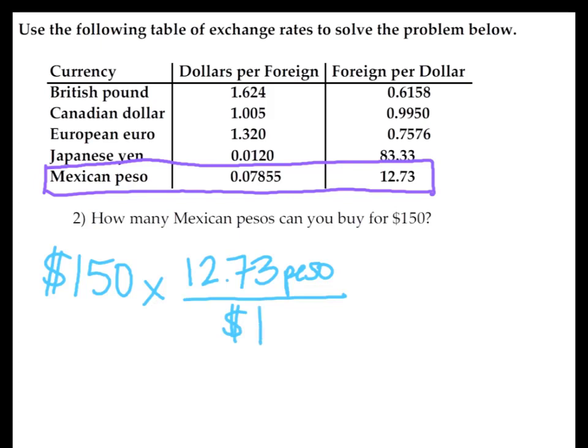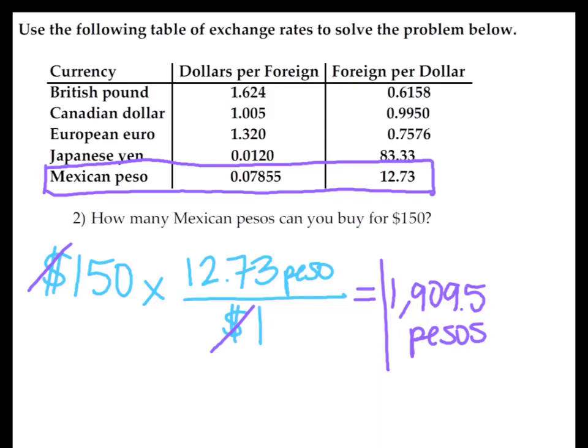Foreign per dollar. So the dollar signs will cancel out, and we are left with 1,909.5 pesos. So that's how many Mexican pesos you can buy for $150.